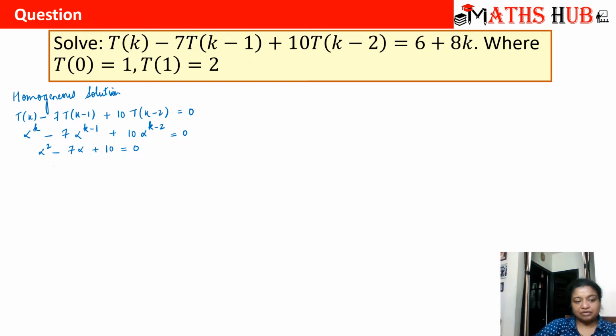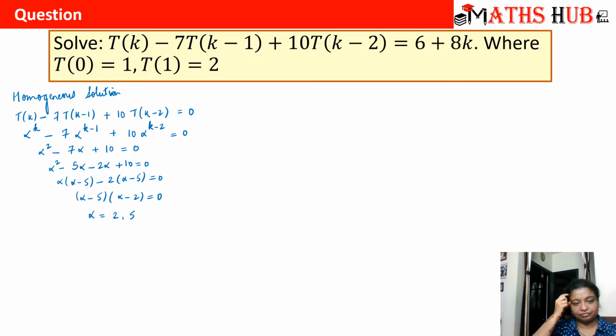What are my characteristic roots? Alpha square minus 5 alpha minus 2 alpha plus 10 is equal to 0. So we have alpha into alpha minus 5, minus 2 into alpha minus 5, equal to 0. So the roots are given by alpha minus 5 and alpha minus 2 equal to 0. We get two distinct roots, that is 2 comma 5, right?